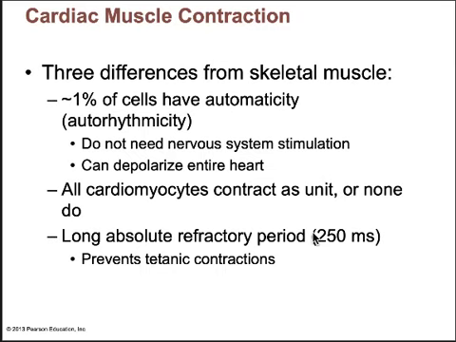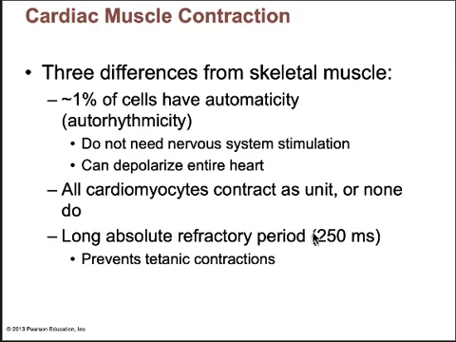That is set by a group of cardiomyocytes in the right atrium under the superior vena cava, known as the SA node. So this autorhythmicity is another unique feature of cardiomyocytes.